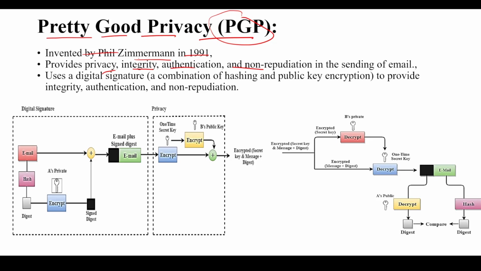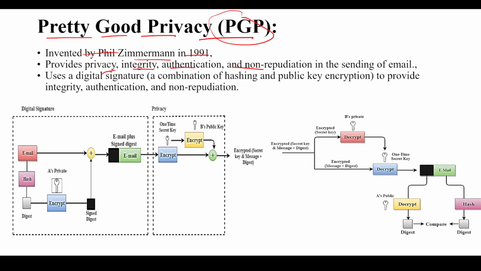So this algorithm is freely available and mostly used in email security for providing authentication through the digital signature. In addition, it provides confidentiality through symmetric block encryption methods. So how is it actually working?